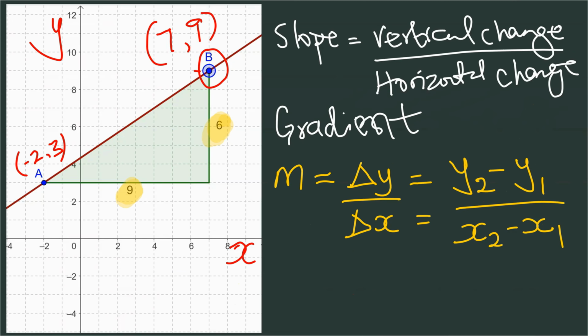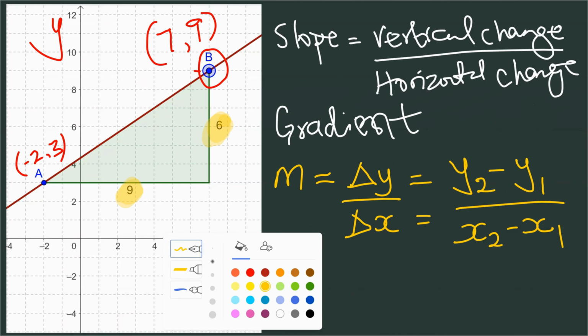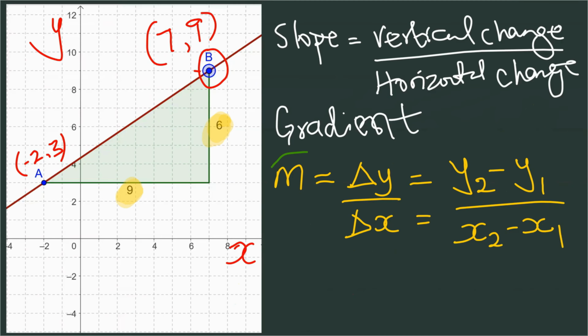Using this formula is what you'll be doing to find the gradients of straight lines. The gradient of a straight line is just the same as the slope: the vertical change over the horizontal change, that is change in y over change in x. That is y2 minus y1 over x2 minus x1. Yes, this is your dear formula for now.